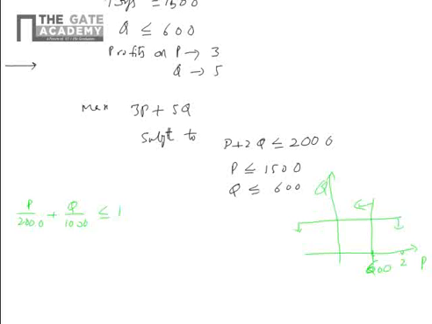So p by 2000, q by 1000. This line will come here. 1, 2, 3. So 1 is this, 2 is 1500, 3 is this one.